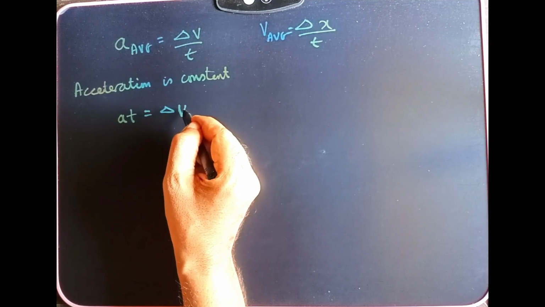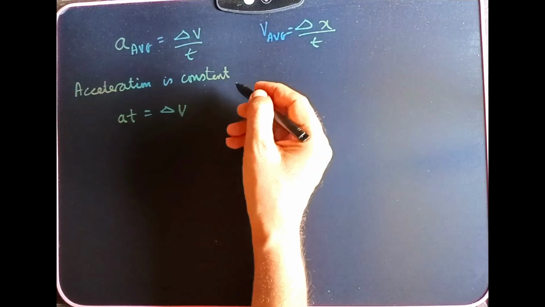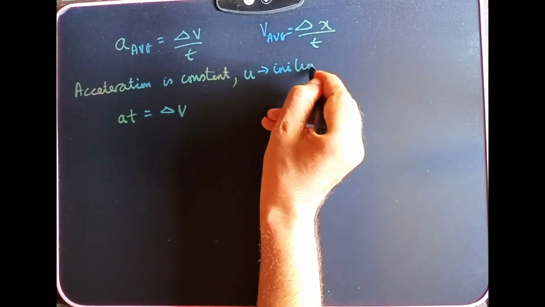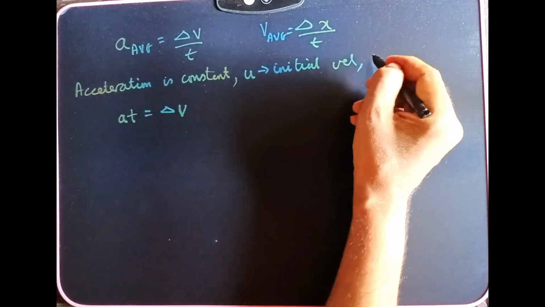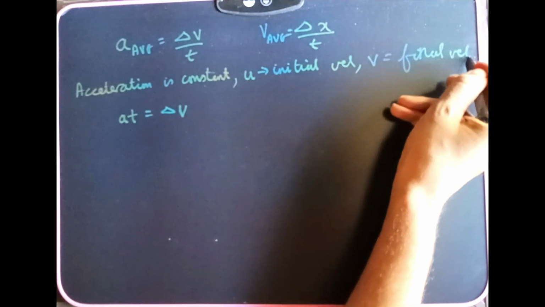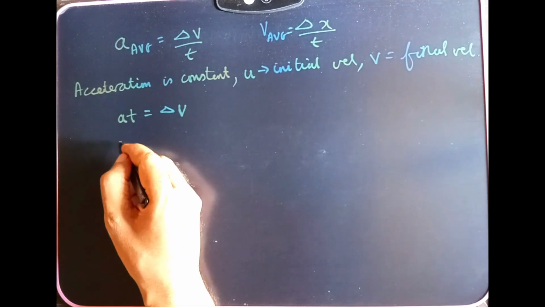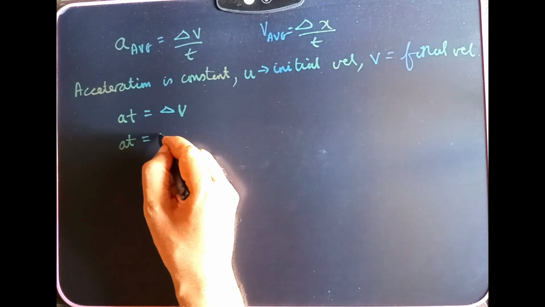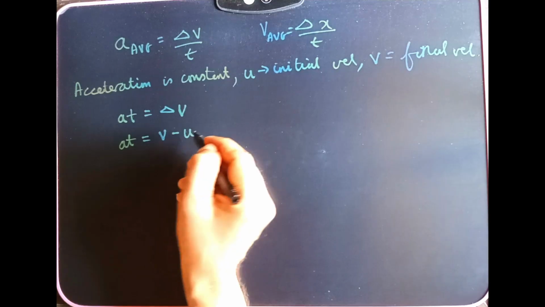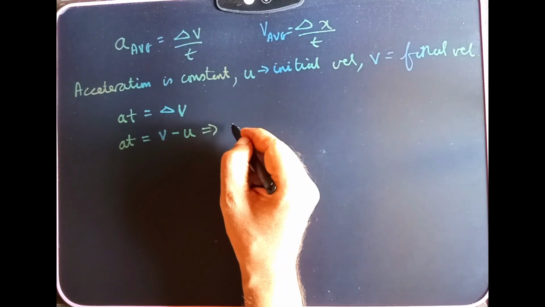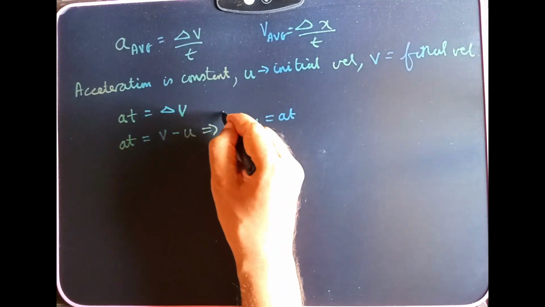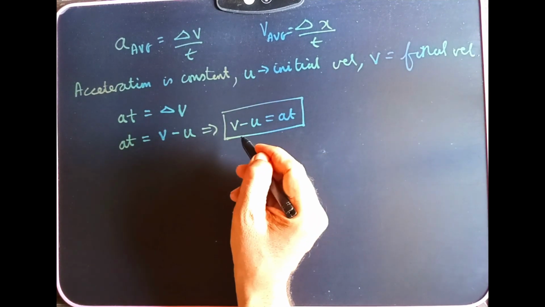Now, if u is the initial velocity and v is final, then we can write this formula as at is equal to v minus u. So we can rearrange this and write it as v minus u is equal to at. This is our first formula of kinematics.